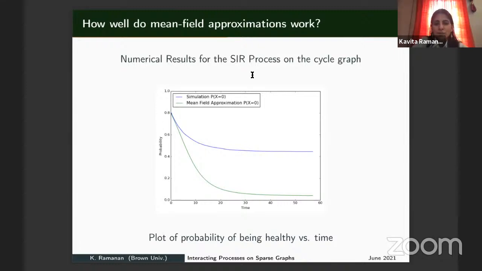So if you look at the numerical results for the SIR process on the cycle graph, each person has only 2 neighbors, right? And you're taking n to infinity. The plot of the probability of being healthy versus time clearly is not doing too well. The blue is the simulation and the green is the mean field approximation. So it's not doing a good job.